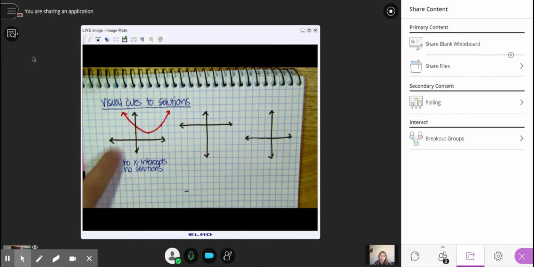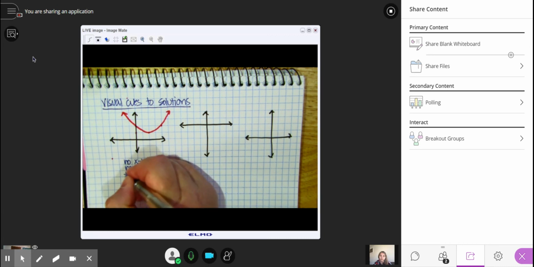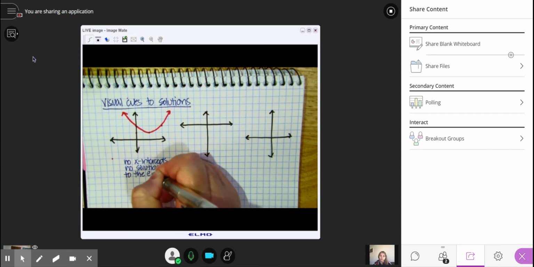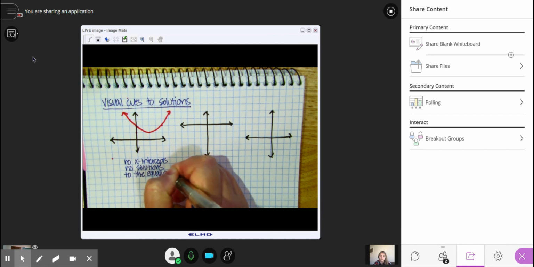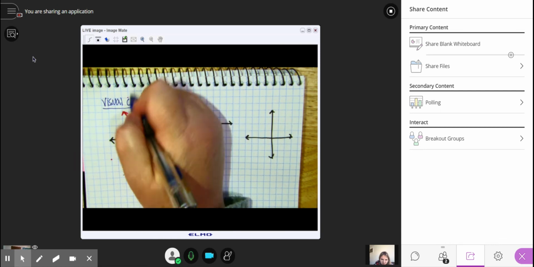First of all, if you are given the graph of a parabola and there are no x-intercepts, that means there are no solutions to the equation. It's not factorable. You're going to get no real solutions, so quadratic formula would give you imaginary answers. Not irrational, but imaginary. You'd have a negative under the square root. Visual cues, C-U-E-S.